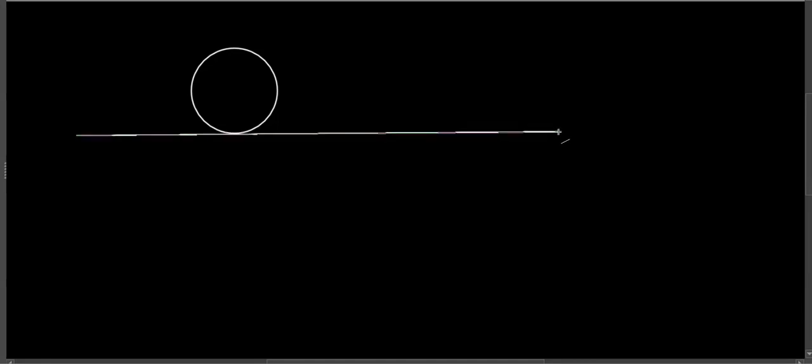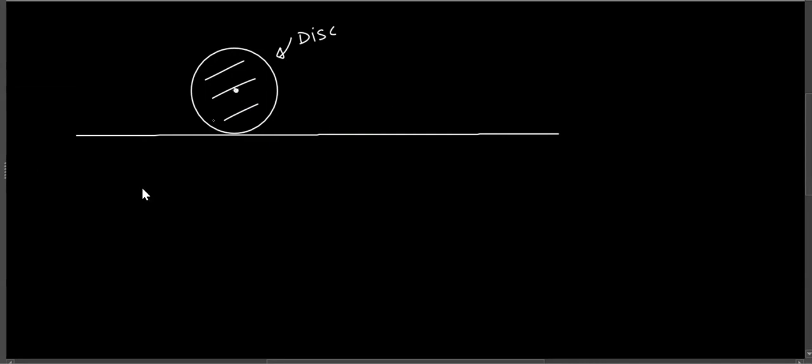Okay. So here I can look at this, let's say a disk again. You can take it as a disk. Suppose I take the center, and take two points: one at the bottommost point, the one which is touching the ground, and the topmost point.